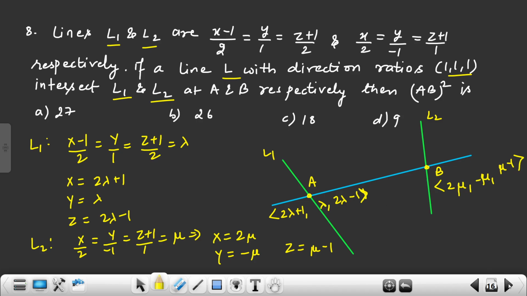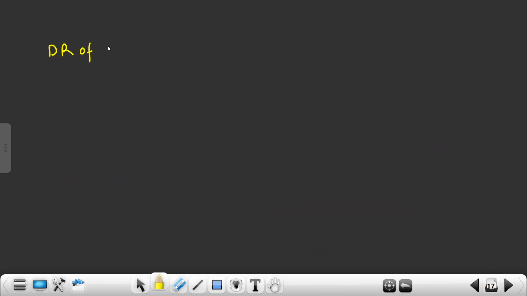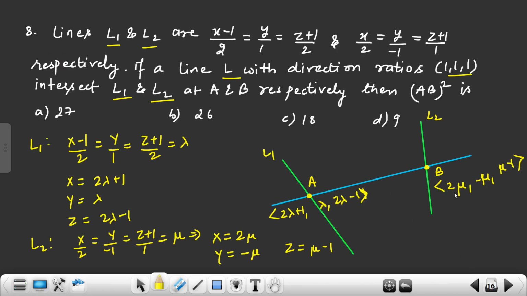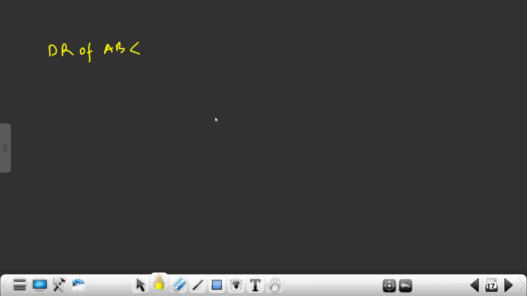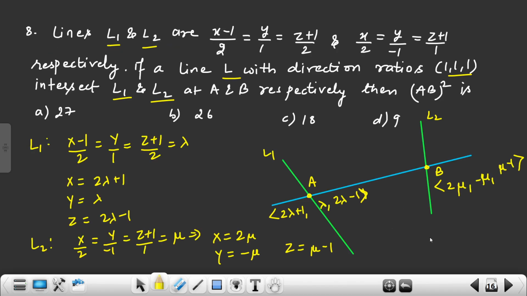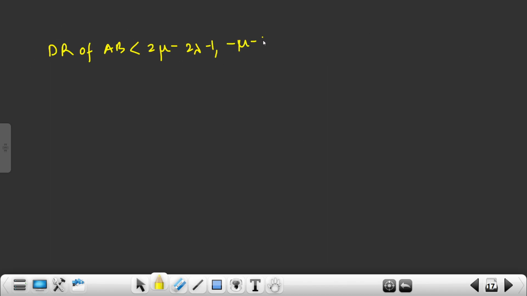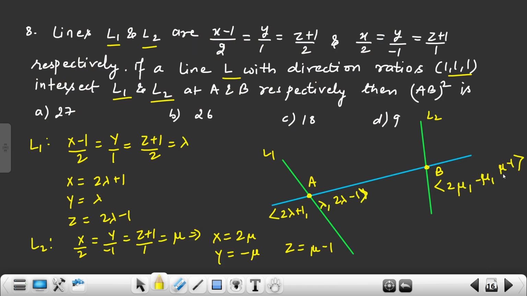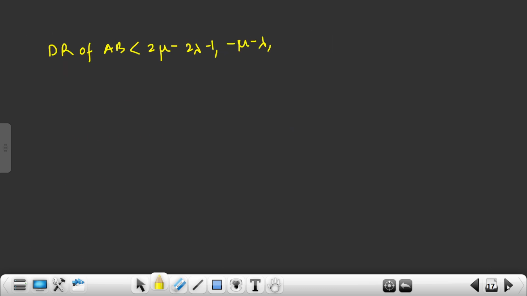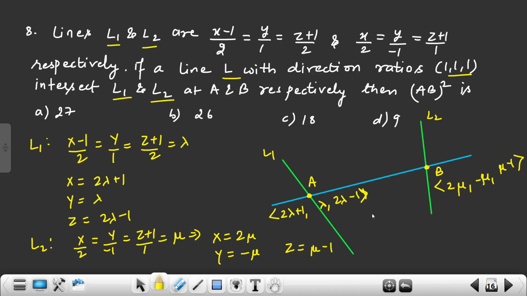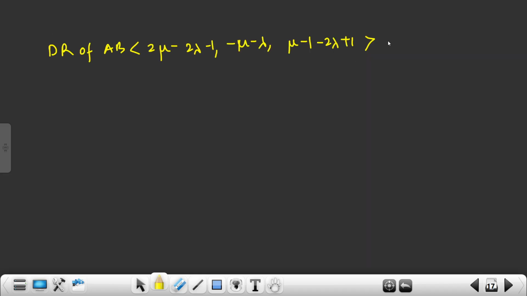Now A and B we got, so I can find the DR of AB, the direction ratio of AB. How? This minus this. So 2 mu minus 2 lambda minus 1, and this one minus mu minus lambda, and this one mu minus 1 minus 2 lambda plus 1. And the DR is already given as 1, 1, 1, so this is equivalent to 1, 1, 1.